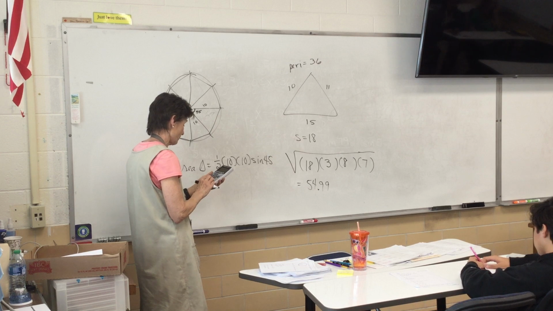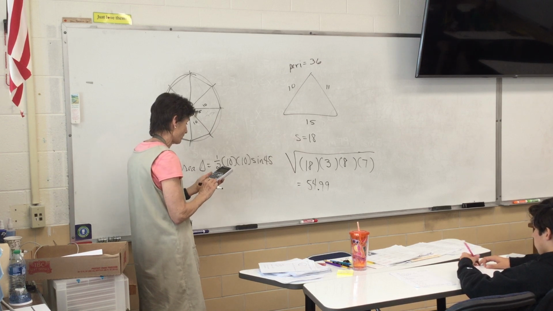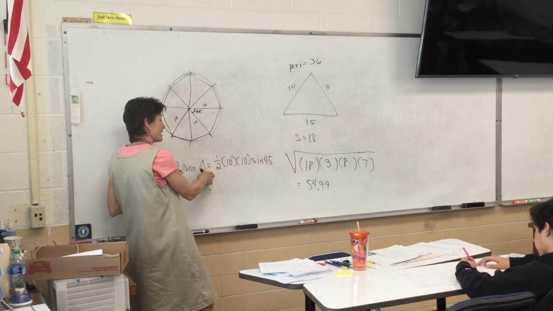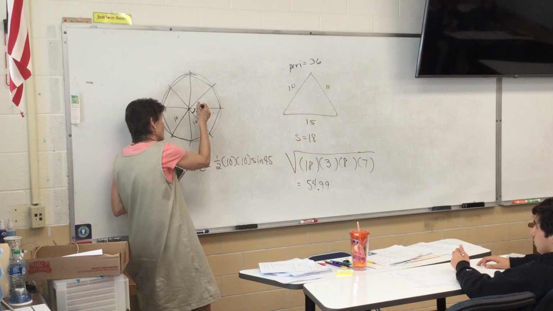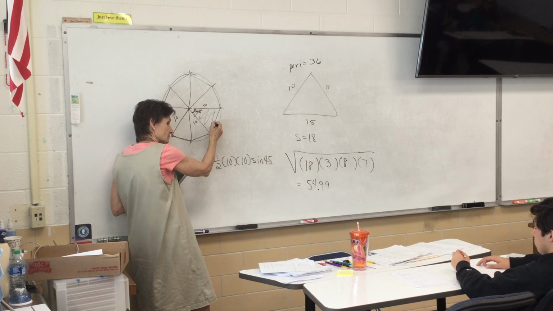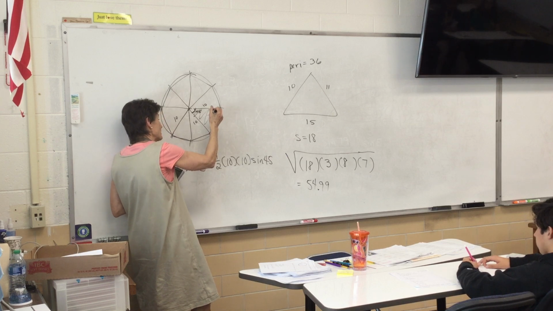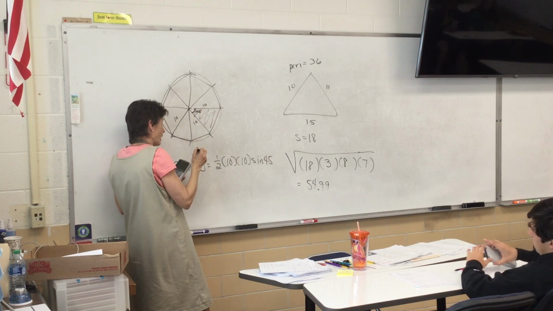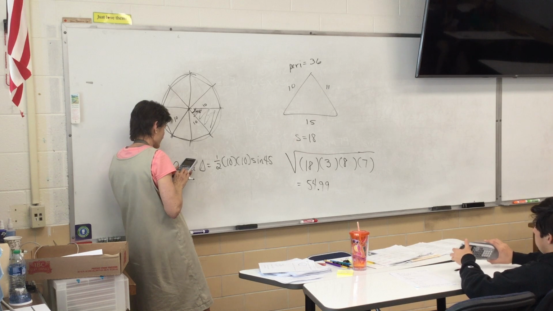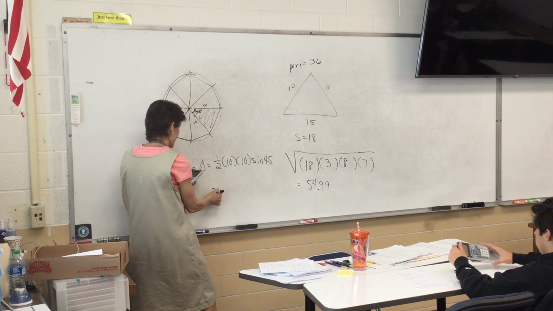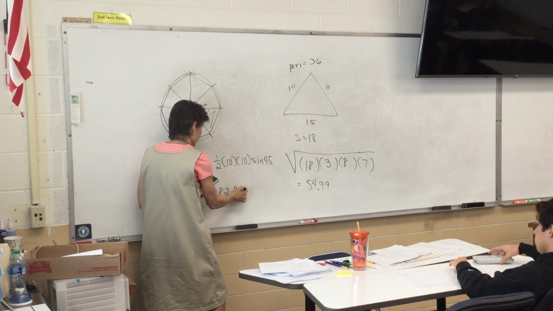So 1/2 times 10 times 10 times sine 45. Now that's the area of the triangle. So what will I do to get the area of the whole octagon? Times it by 8. So the answer is 282.84.